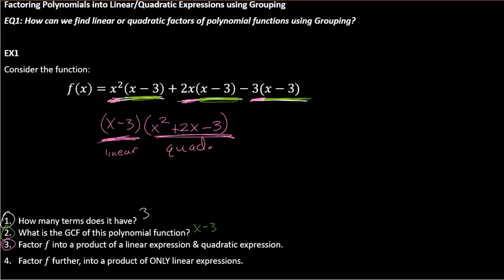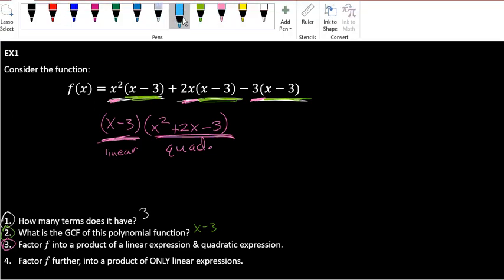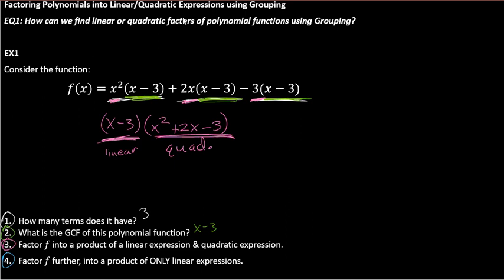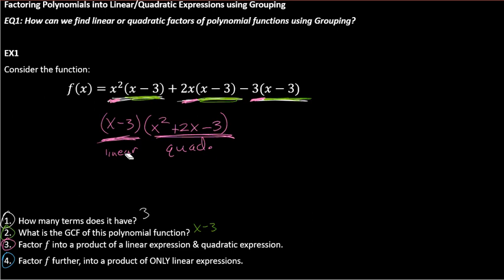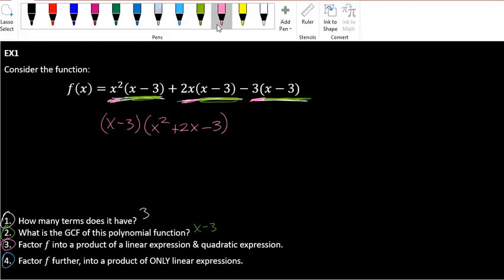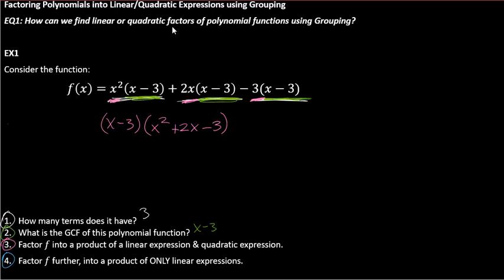Okay, and the fourth thing we're being asked: factor it further into a product of only linear expressions. So we only want first degree terms, and that's going to be relatively easy to do because we know how to factor quadratics. So we can take this and just use AC grouping.